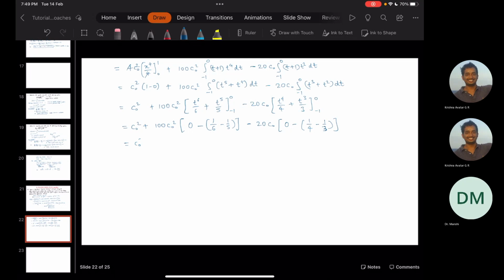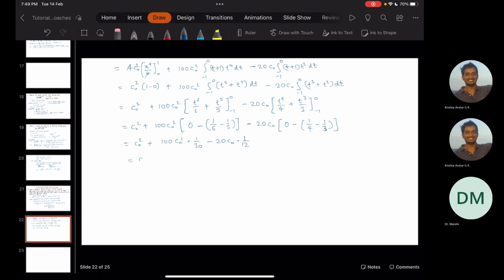So we are left with c naught square plus, and it's just 1 by 6 minus 1 by 5. Well, this evaluates to 1 by 30, so it's 100 into c naught square into 1 by 30. Likewise 20 c naught, and this evaluates to 1 by 12.